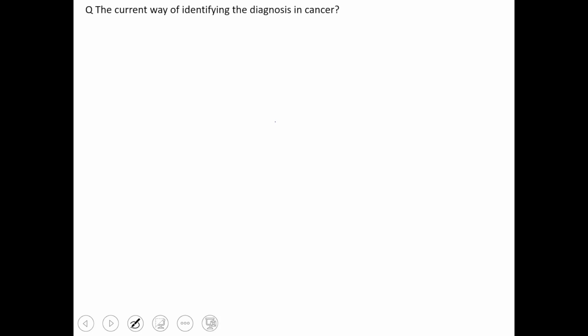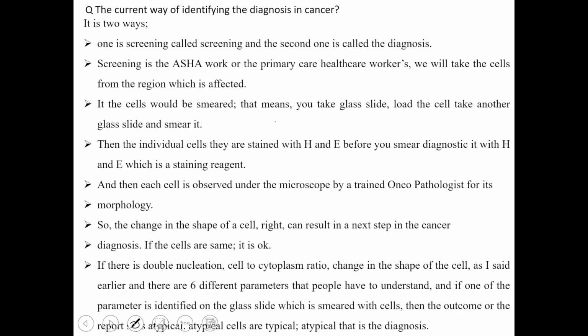Yes, you are right. One way is screening and the second way is called diagnosis. First we have to do screening, and then diagnosis. Screening is the primary work that nursing staff or health workers will do: they take cells from the affected region.